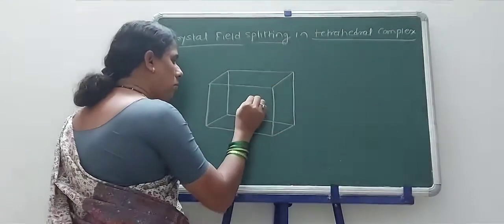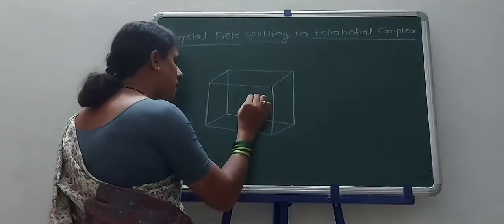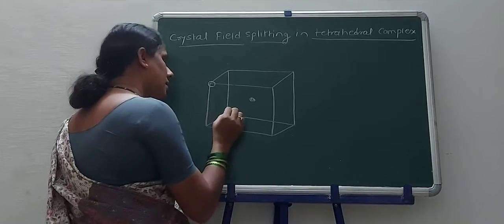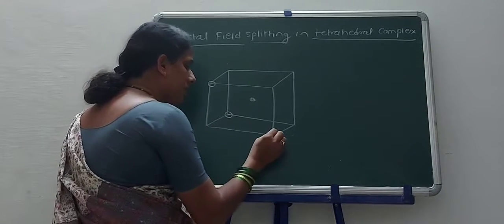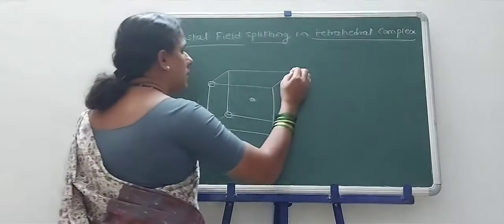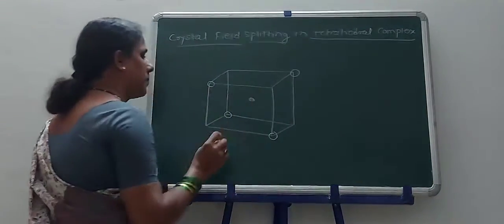Okay, now we have to place the central metal ion here. Okay, this is the first ligand, this is the second ligand, this is the third ligand. Okay, and this is the fourth ligand.